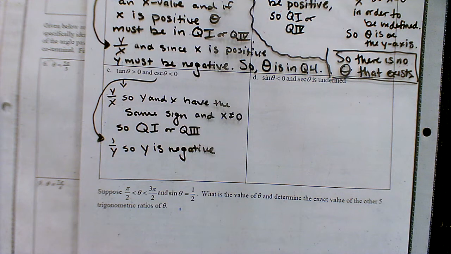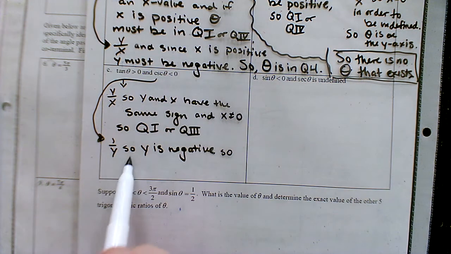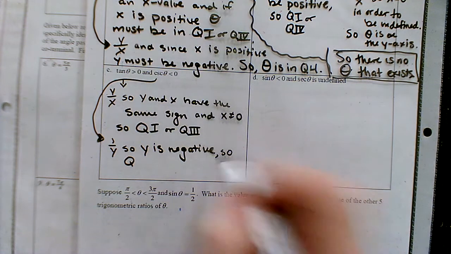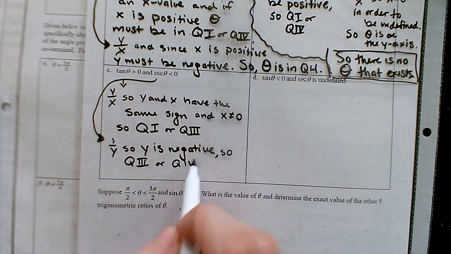Which quadrant is y negative in? I see, that would be Q3 or Q4, the bottom two.